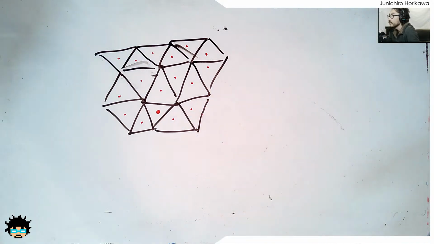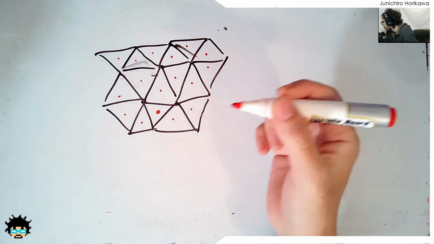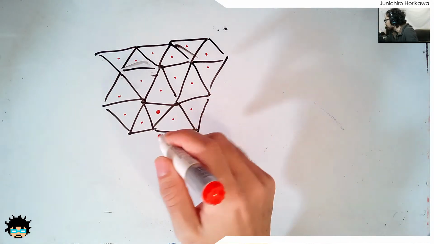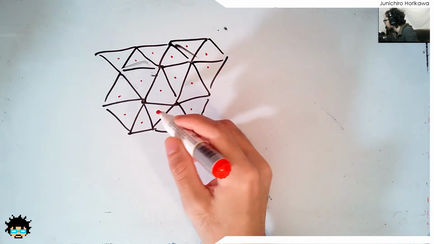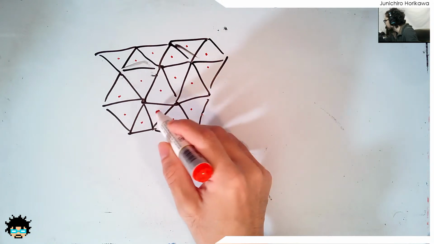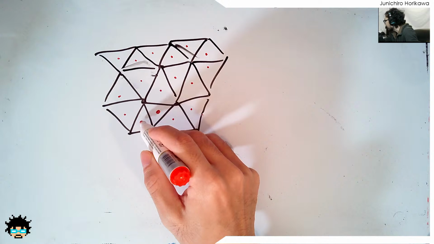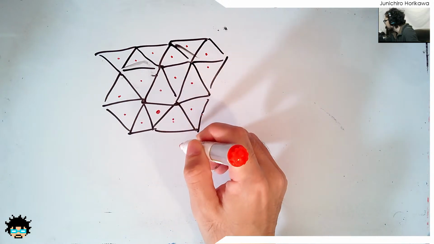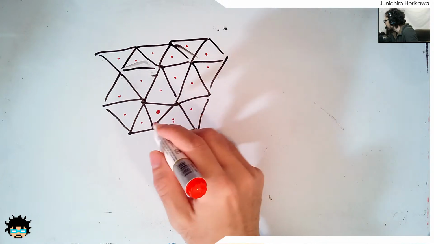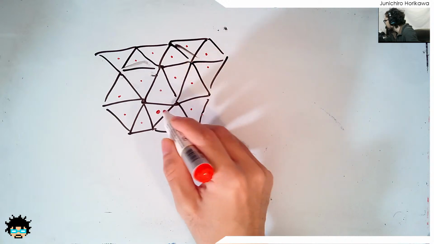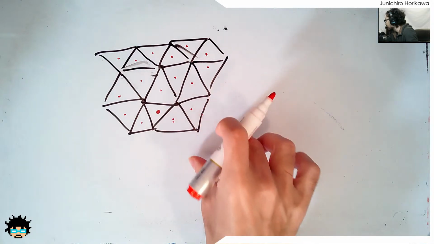Okay. Now next thing I'm going to do is, from this point, I'm going to search for the neighboring points, which is either this one, or this one. And what you need to do is, in between those three neighbors, calculate the weights.